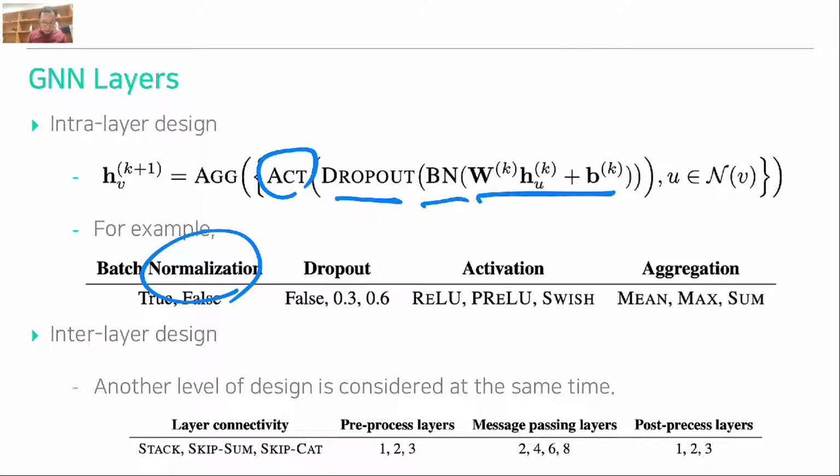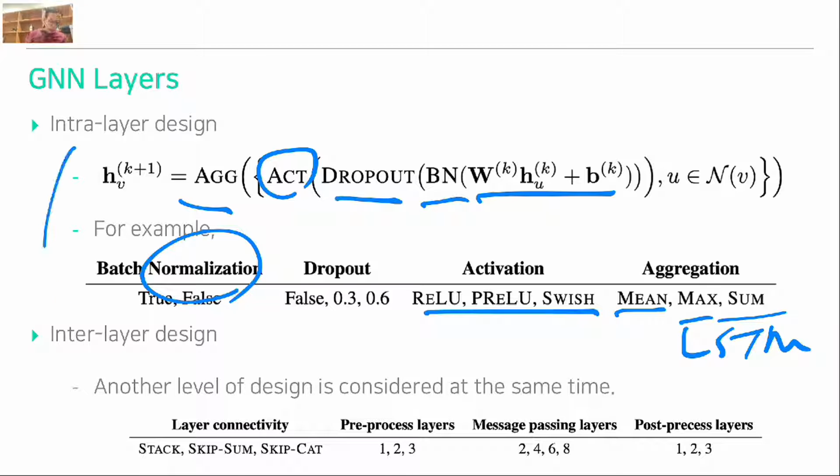And the activation function choice could be from these ones. We have so many different activation functions these days, right? It could be more. And for the aggregation function, we considered so far the mean, sum, and max. And maybe you may consider the LSTM and so on.